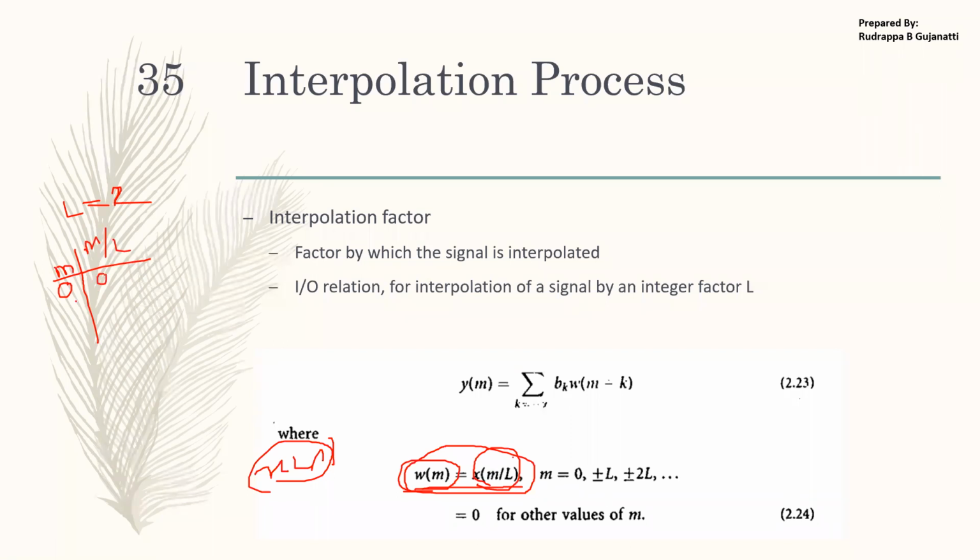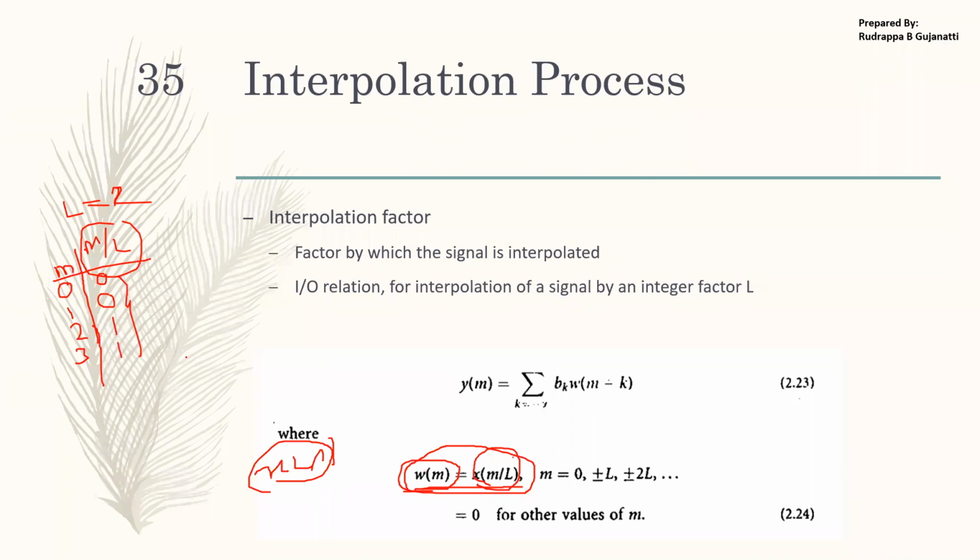M by L is also 0. If m is 1, it is 1 by 2. I don't have any 0.5 for sequence representation, so I might represent it with the 0 or the next one. Next I have 2, so 2 by 2 is 1. Next I have 3, so 3 by 2 will be 1. So m by L will be having these values.